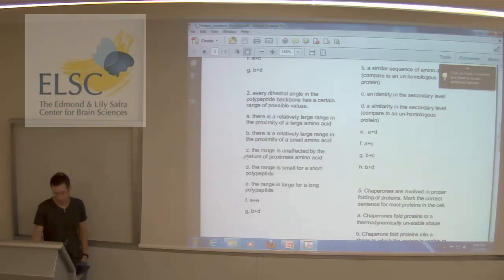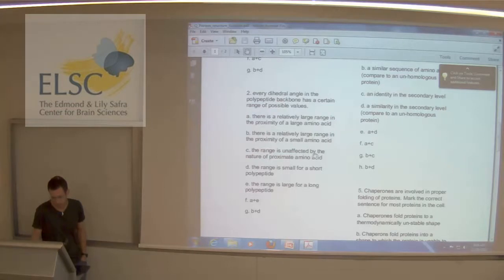And the same for D. The range is large for a short, no, sorry, the range is small for a short polypeptide, and the range is large for a long polypeptide. So the only answer here is B.